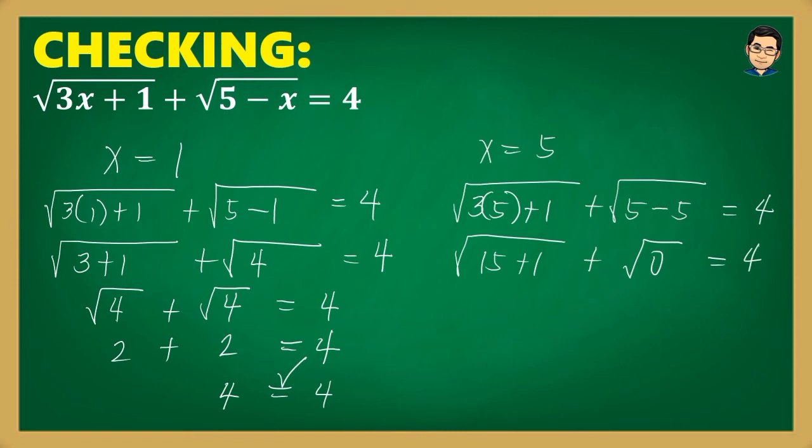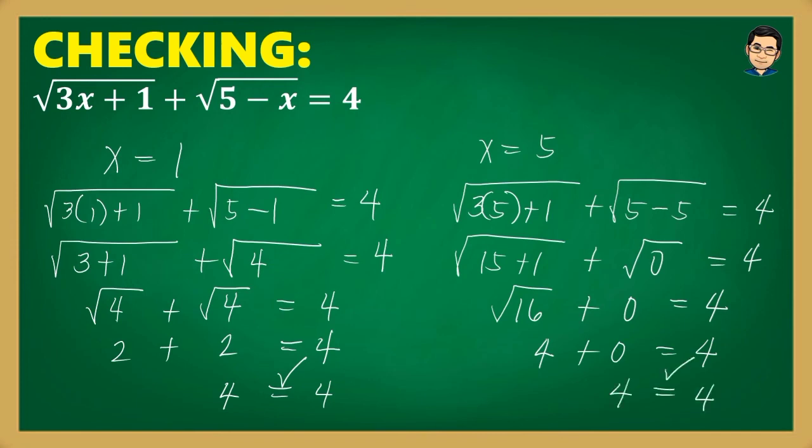Square root of 15 plus 1, that is the square root of 16, plus the square root of 0, which is 0, equals 4. The square root of 16 is 4, plus 0 is equal to 4. So, 4 plus 0 is 4, equals 4.